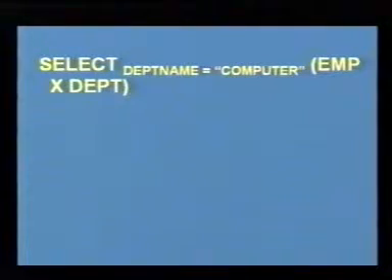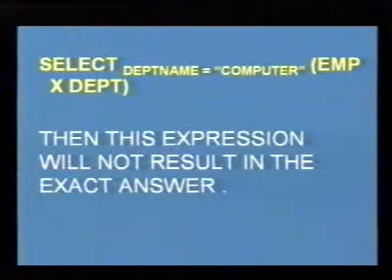If we write the relational algebra expression as select department name is equal to computer, parenthesis, EMP cross DEPT, then this expression will not result in the exact answer.